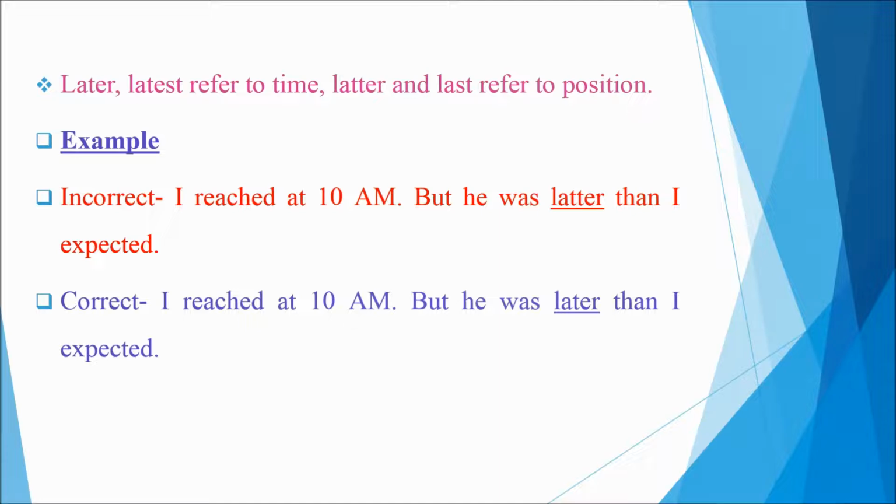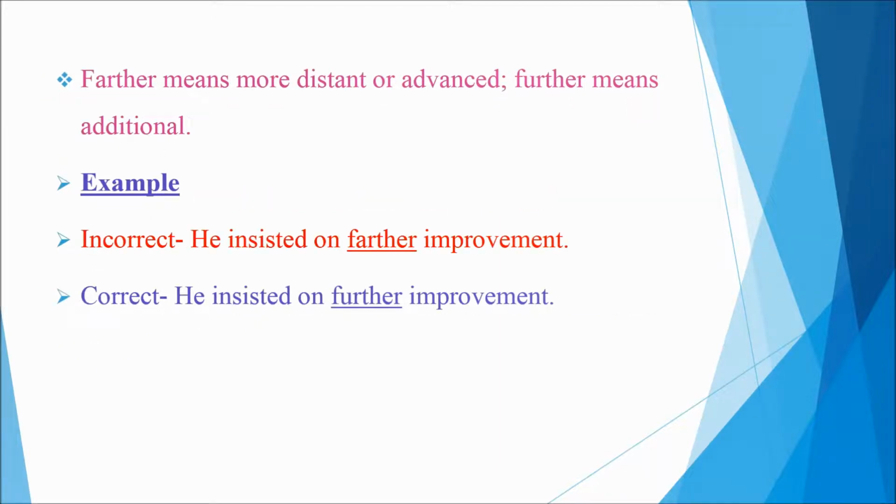No. The correct sentence is I reached at 10 a.m. but he was later than I expected. Here 10 a.m. refers to time. So we have to add later in this sentence. Further means more distant or advanced. Further means additional.